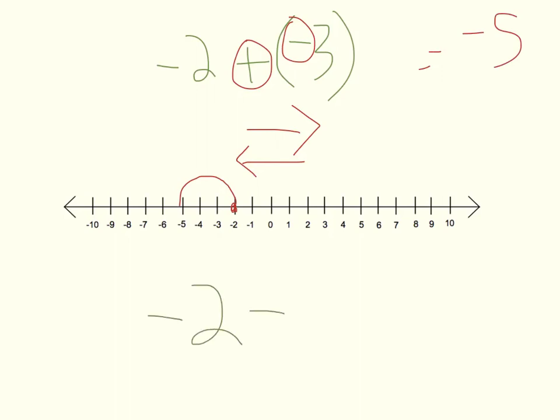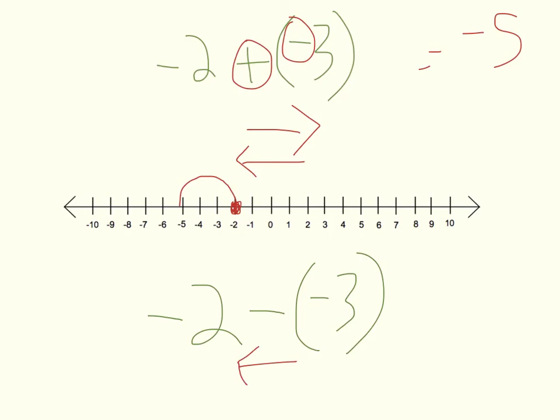Now, let's do it again. -2 and, whoa, minus a negative. And everyone's going to go mentally, ah. But it's okay. It's really not that bad. Tell me, where do I start? Okay, that's half the battle, right? I started at -2. Awesome. Which direction does it go every time I say subtract? Good job on that left thing again.